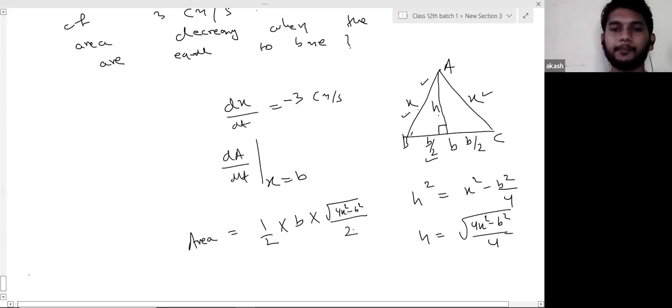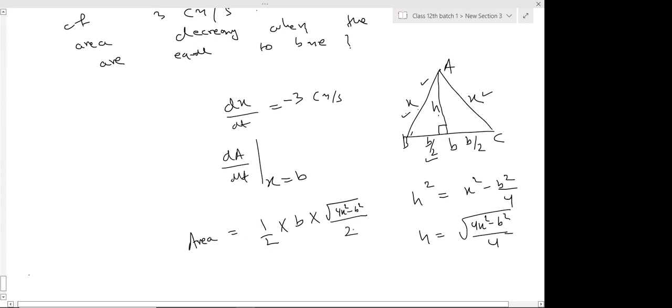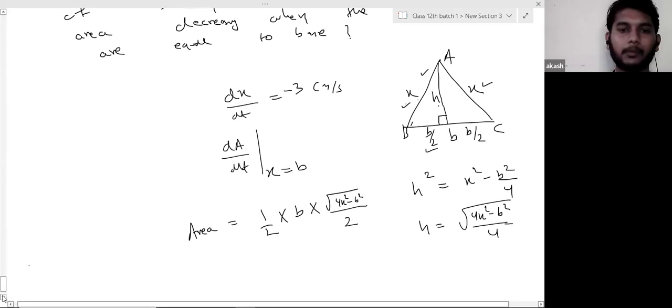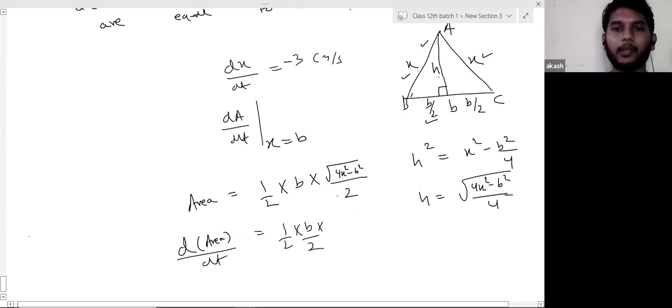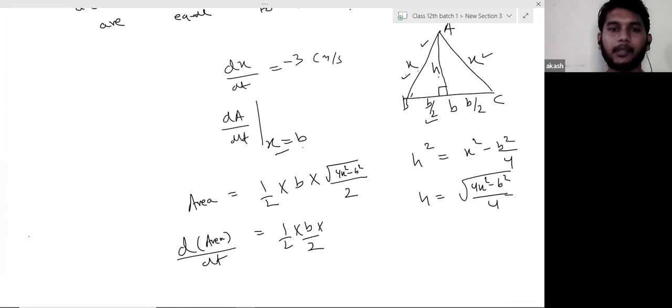This is clear? Yes, sir. So just differentiate this, you will get the answer. dA by dt is half into b, and this is 2 also. Differentiate this, please tell me the whole differentiation. Finally, put x equals to b. After differentiating, put x equals to b, you will get the answer. Now you just have to differentiate with respect to t. This thing is clear, everyone?